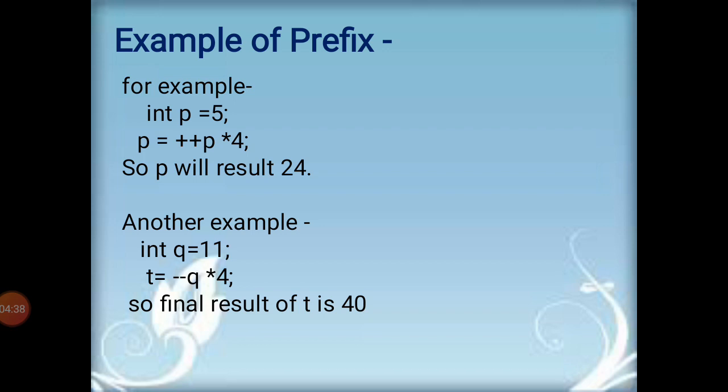So p is used as 6. Initially it is 5, but plus plus p means change then use. First it changes the value 5, so 5 plus 1 is 6. So here it uses 6. 6 into 4, that is 24. So the final output of p is 24.